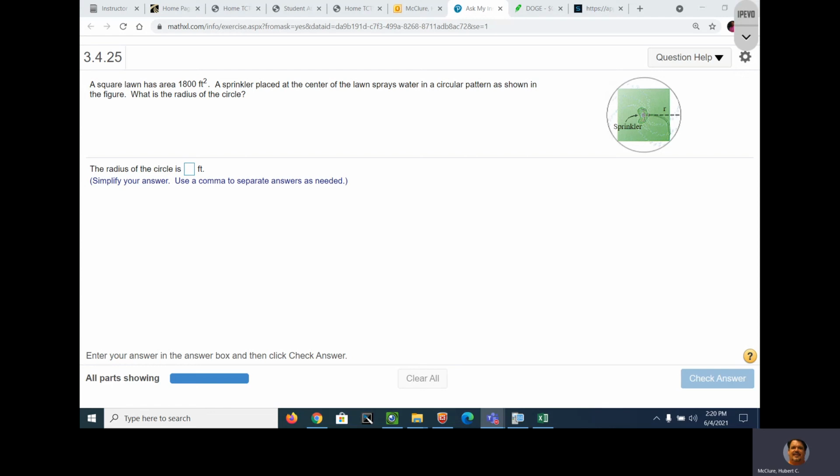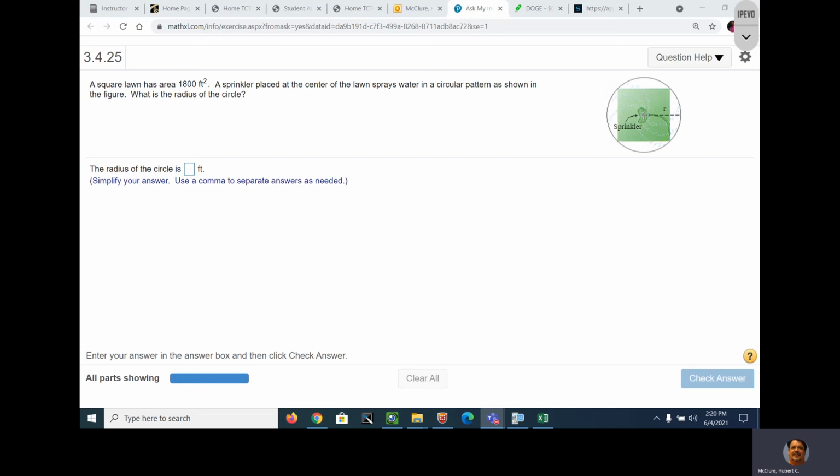Okay, so you know the area, because you've got to find some way of, well, the radius right here is the same.